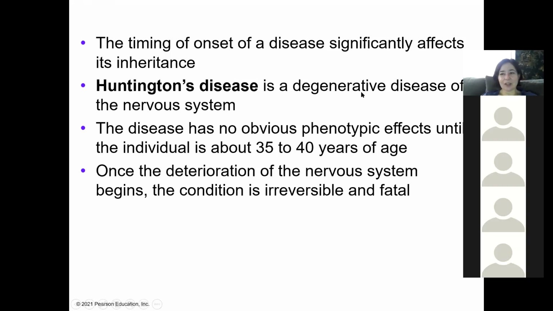It's a neurodegenerative disease, when the gene kicks in in the late 30s, 40s, and it has a devastating effect on the nervous system that starts with personality changes, movement disorders, and ends up in death.